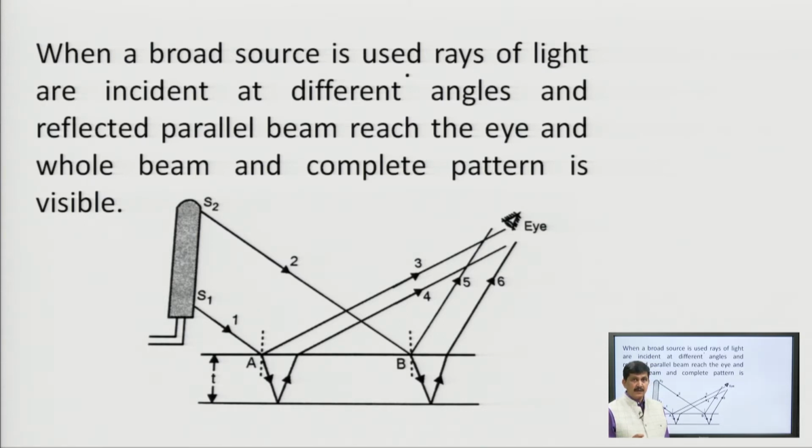That is why for interference in thin film we use an extended source or broad source of light.